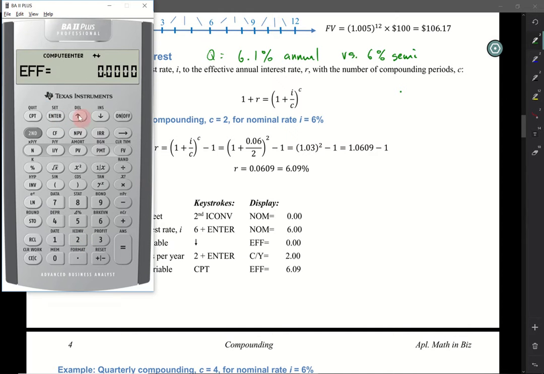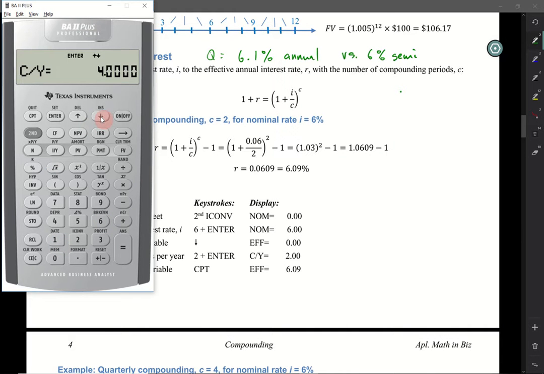Then when I return to the effective rate and compute it, I get the 6.09. And then again, if we go down to quarterly compounding, and go back up, and then compute the effective rate, it's 6.14%.